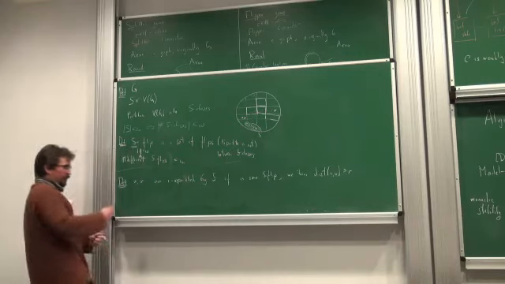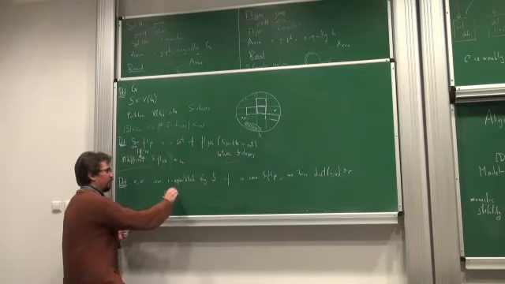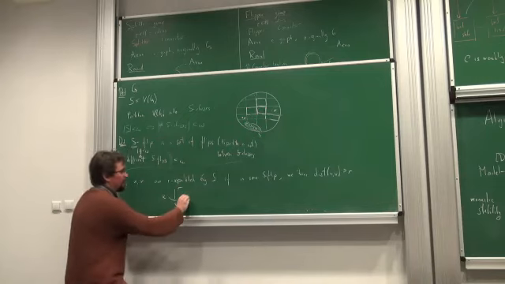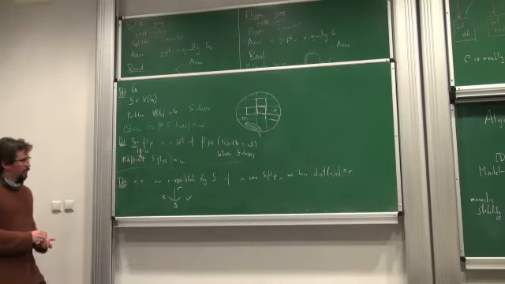So I will denote this notion as follows: U is separated from V over S at distance R. So that's the notation.